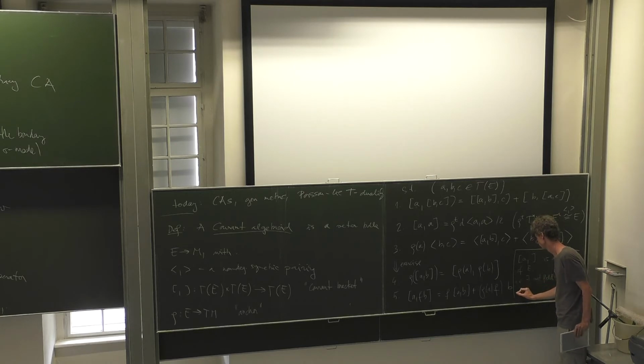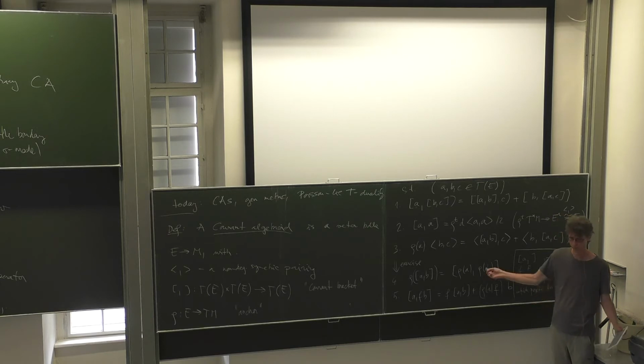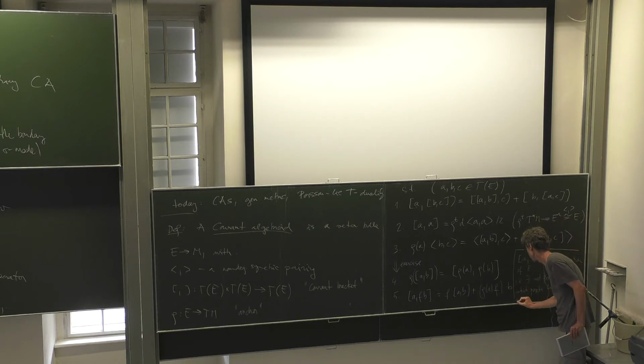Which projects to rho of A, and whose flow, if you let it flow, is actually an automorphism of the Courant algebroid, so preserving everything that you see.